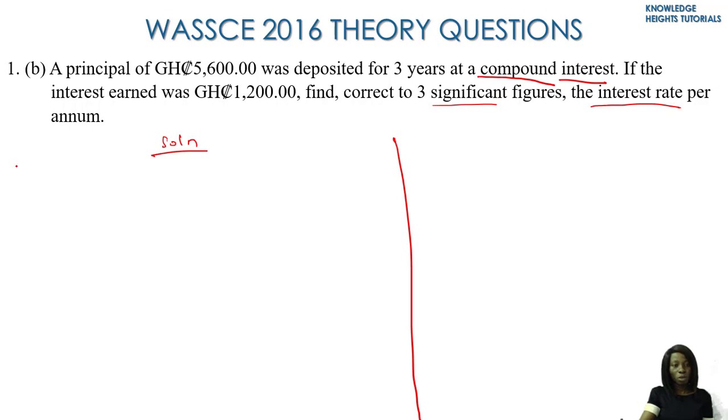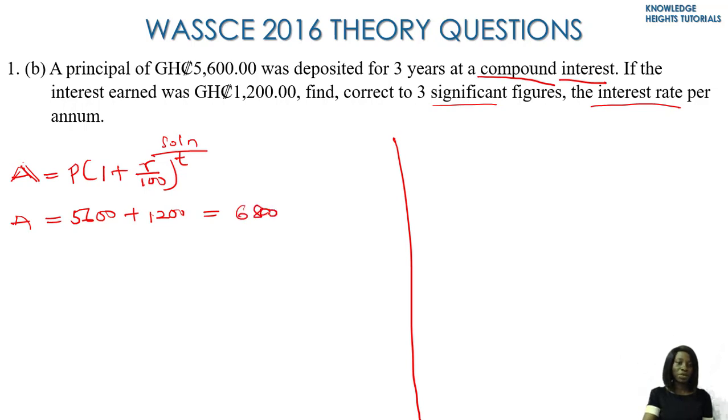We know that for compound interest, the amount is equal to the principal into bracket 1 plus the rate over 100, all exponent the time. So what is the amount in this particular situation? The amount is the principal, 5,600, plus the interest, 1,200. Together you get 6,800, right?